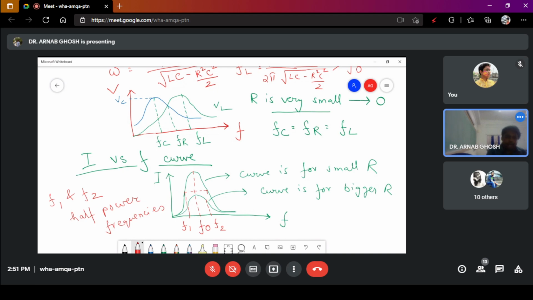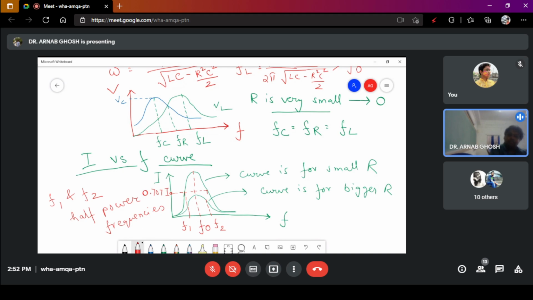Okay? At this particular point, the current is 0.707 times of the maximum current. At these frequencies, the current is 1 by root over 2 times of the maximum current.